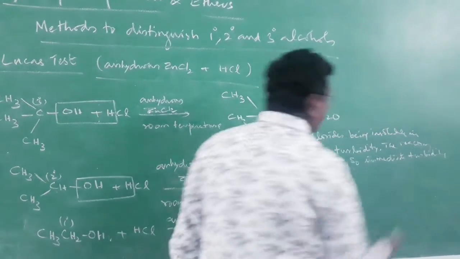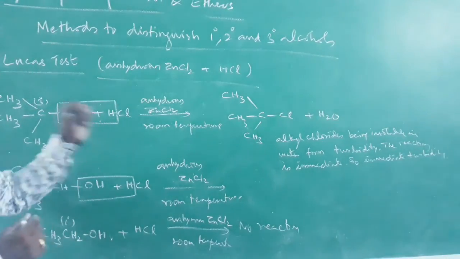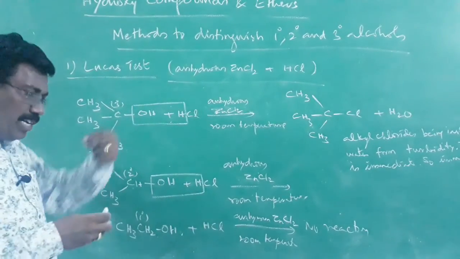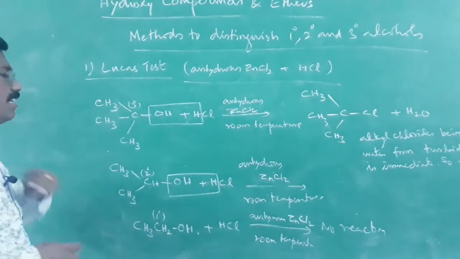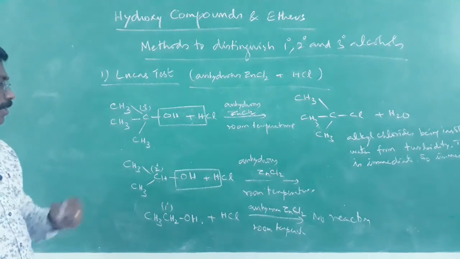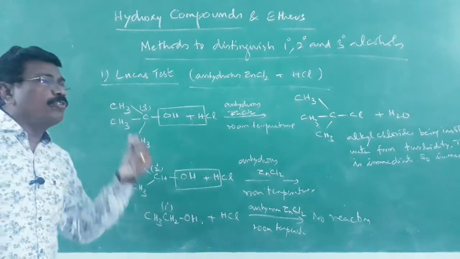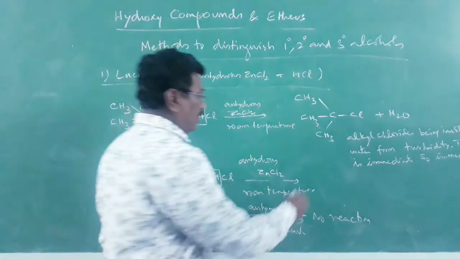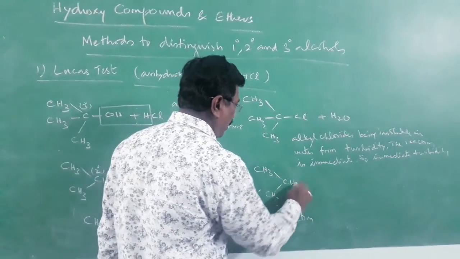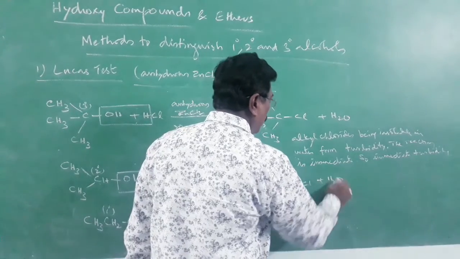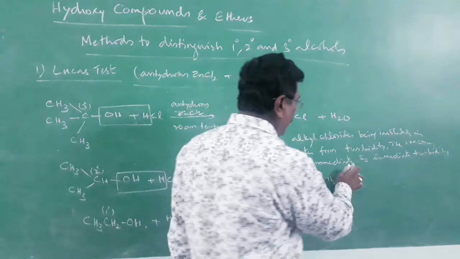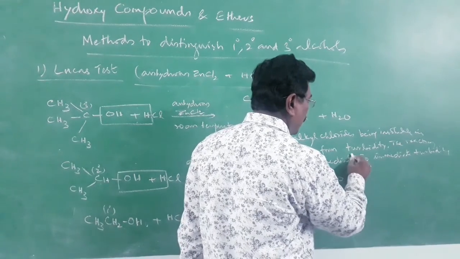So you are given 3 test tubes containing primary, secondary, and tertiary. If in a test tube you add Lucas reagent at room temperature, and you get immediate turbidity, it is nothing but tertiary alcohol. Suppose in a test tube you get turbidity after a few minutes, say 5 to 10 minutes, the reaction is slow in secondary alcohol. The reaction is immediate with tertiary.